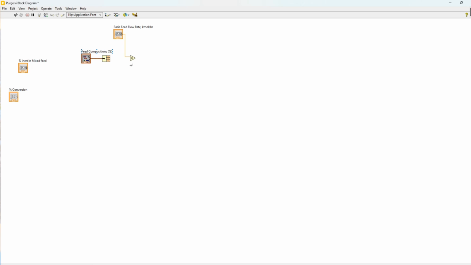This gives you the quantity of each component.